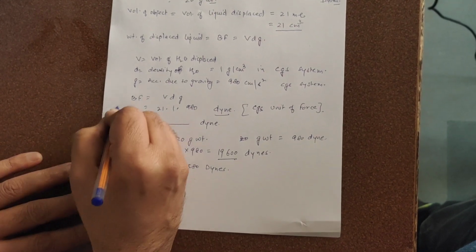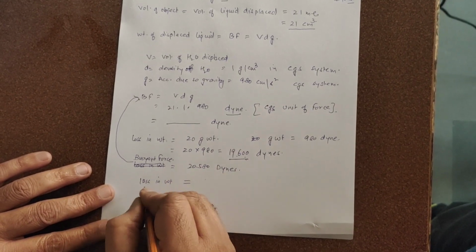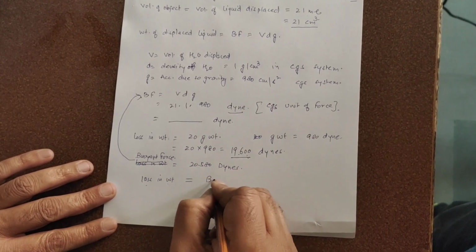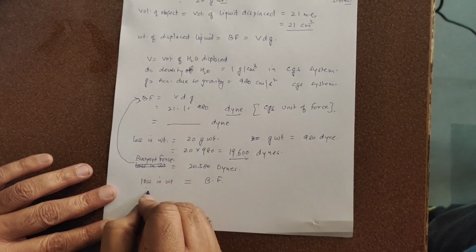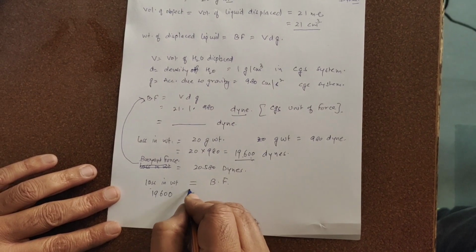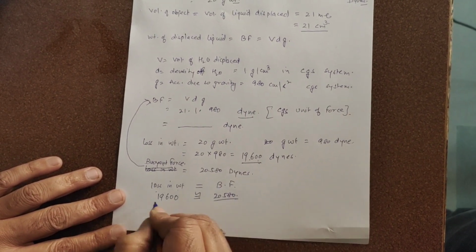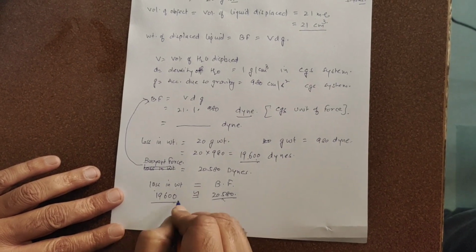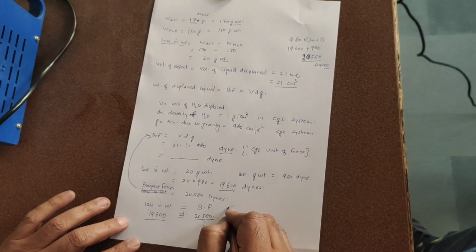This was this reading, na? And the loss in weight is this much. So this loss in weight should be equal to the buoyant force. Here there is a slight difference. And from where is this error? This is experimental error.